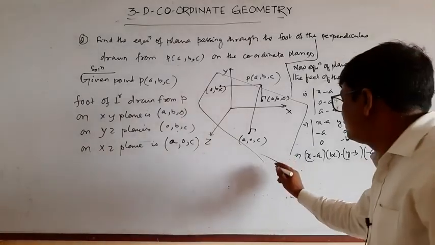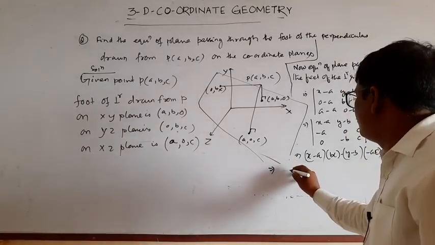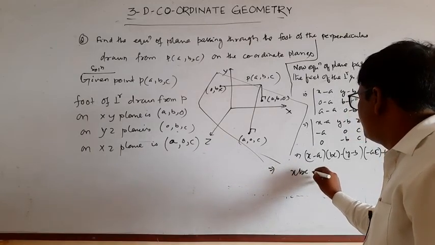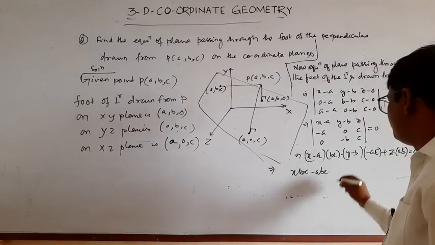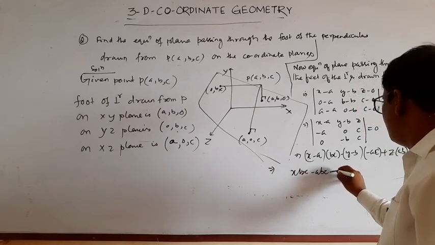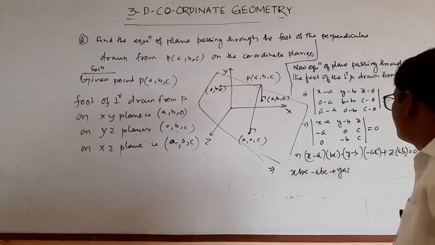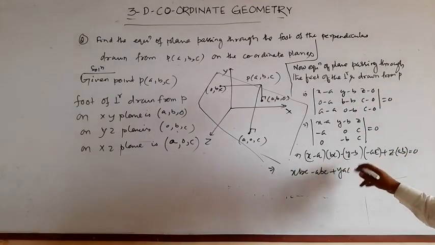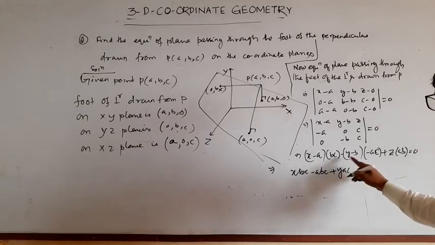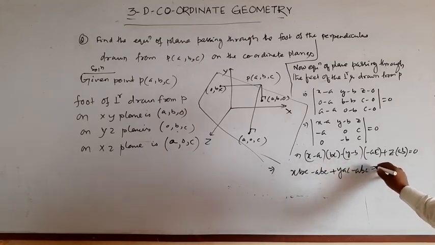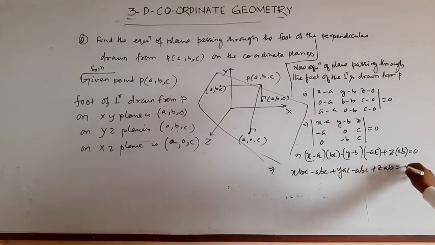That implies xbc minus abc plus yac minus abc plus zab is equal to 0.